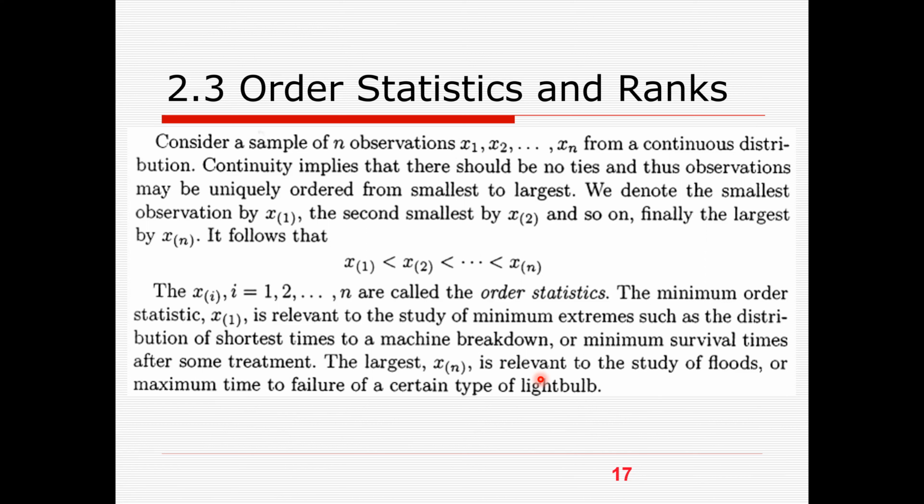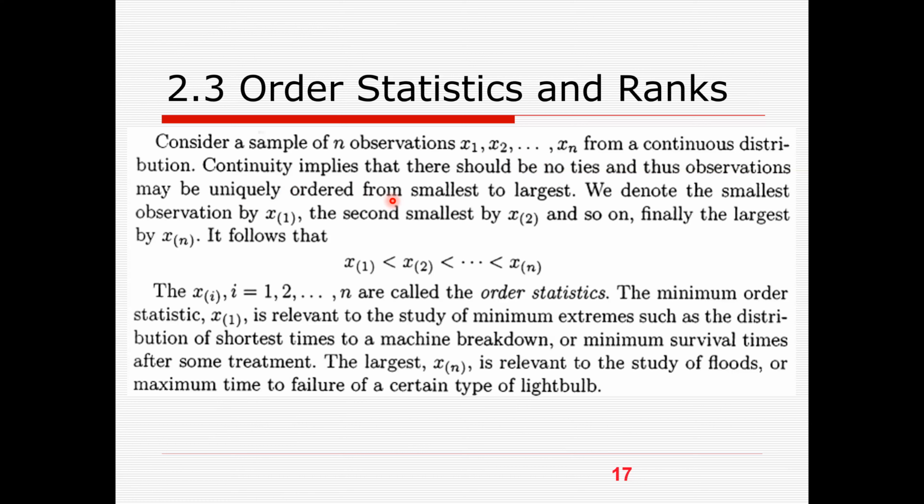And if we have an n-observation sample, x1 to xn here, those are the real values of those observations. Each observation can be uniquely ordered from smallest to largest. So we assume each of them can be uniquely ordered. There's no tie ranking.